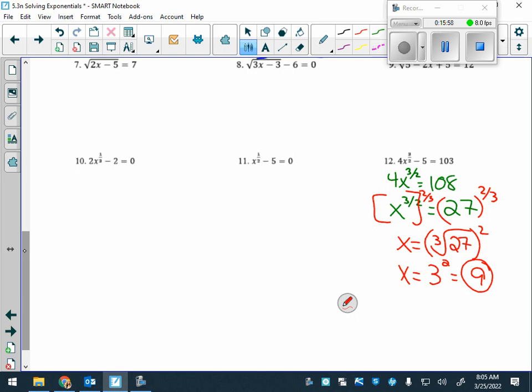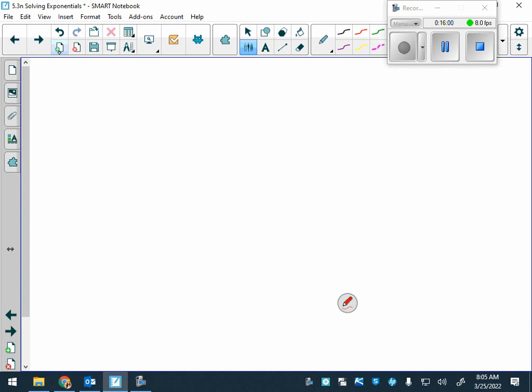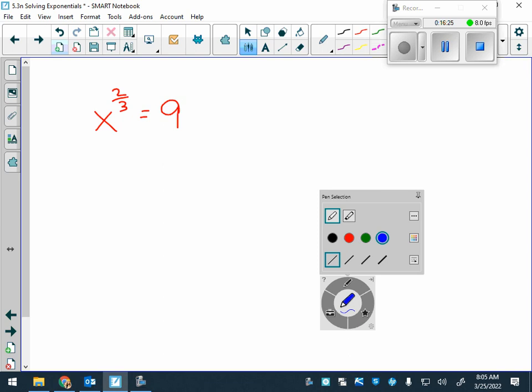So say, for example, if I had x to the 2/3 equals 9, what would I raise both sides to? 3/2. Okay. So I would raise both sides to the 3/2. Okay. Now, how would I rewrite that in radical form?